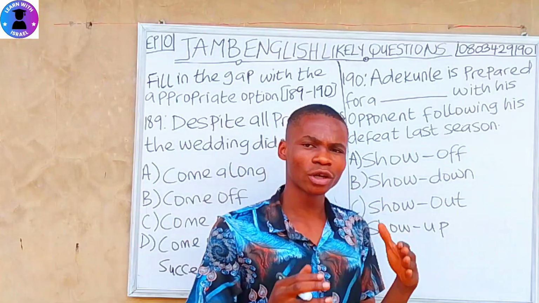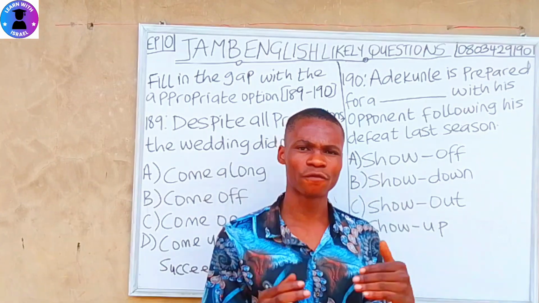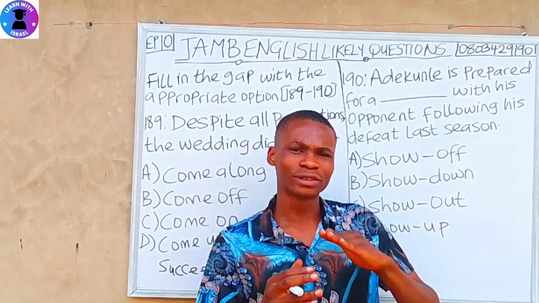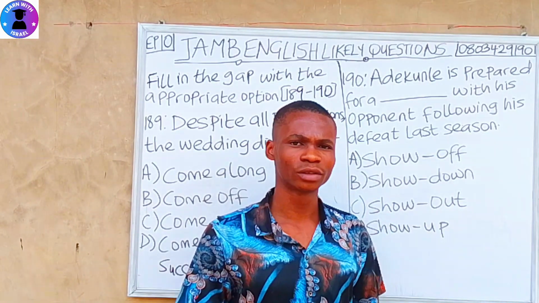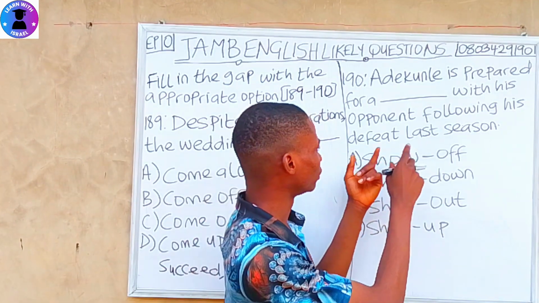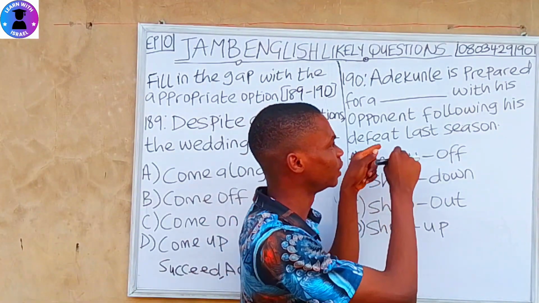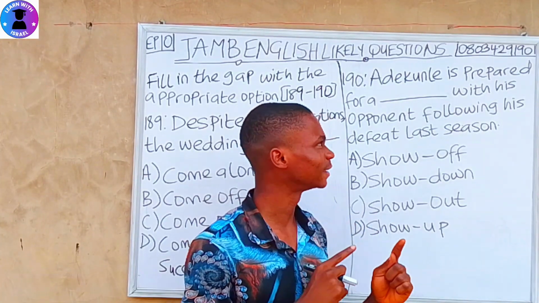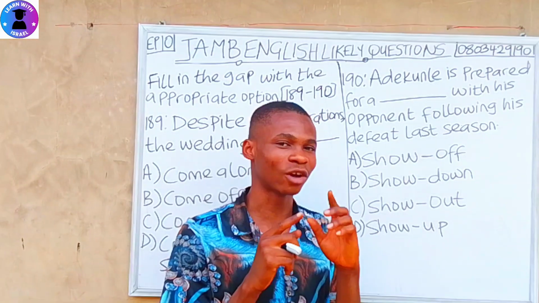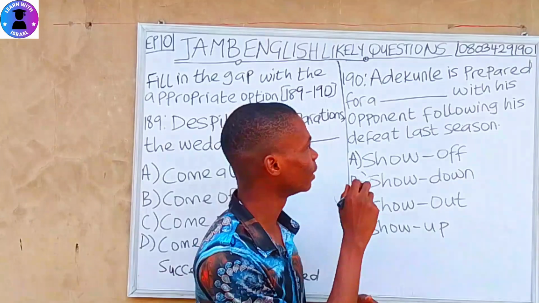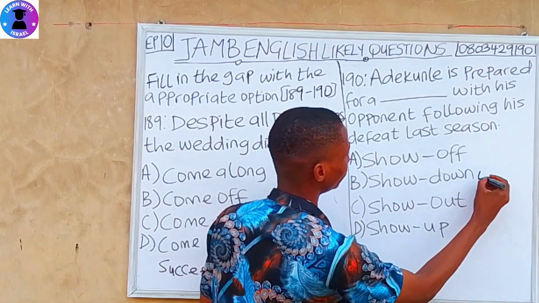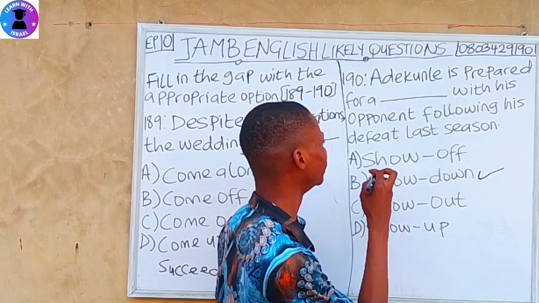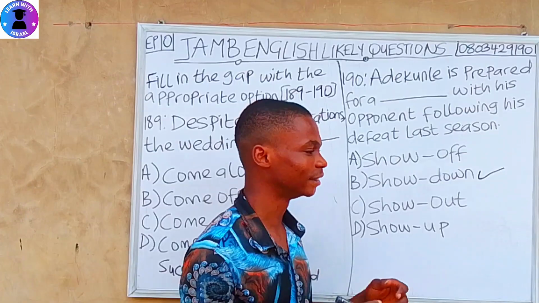Showdown is a final confrontation to settle a dispute. In this kind of context, you can realize they are about to settle a dispute. It is like a confrontation, it's a fight. Adekunle is prepared for a showdown with his opponent following his defeat last season.